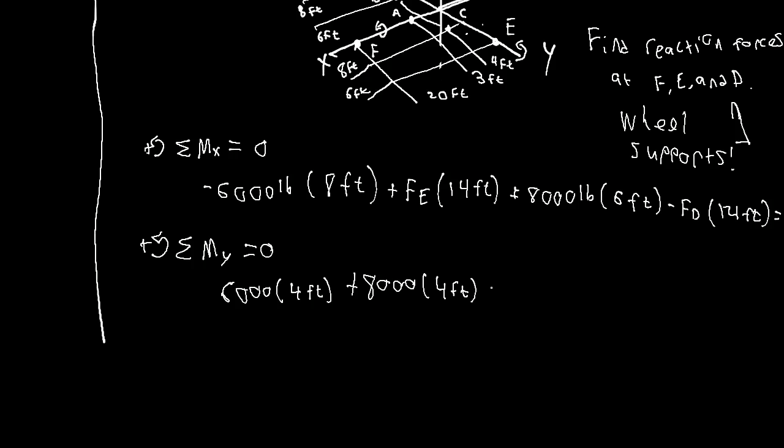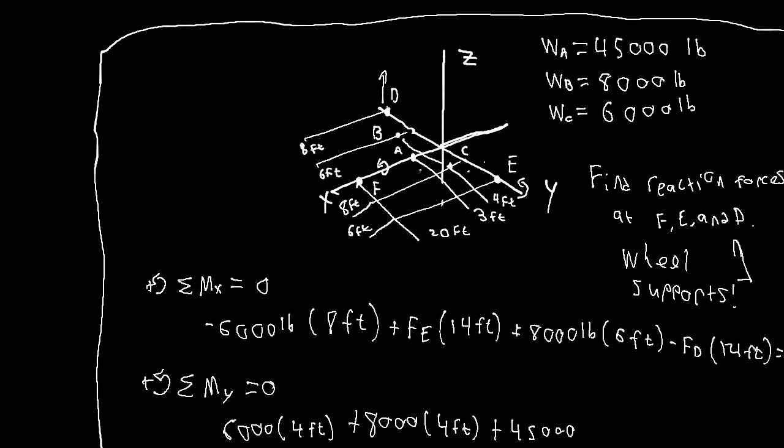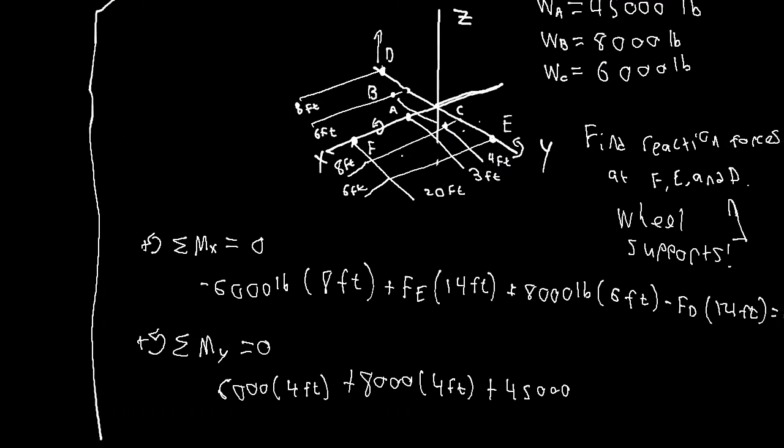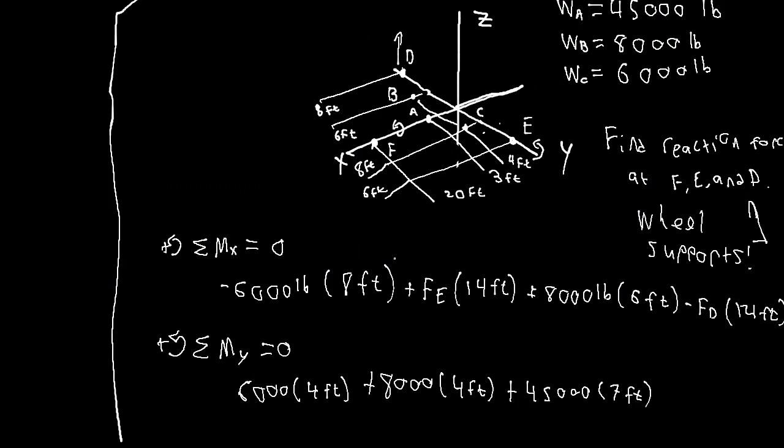And we have the 45,000 pounds at A. Oh, you probably didn't see a lot of that because it's up here. Yeah, it's all up there. And as I'm referring to it, you can't see our force at F, which now you can see.